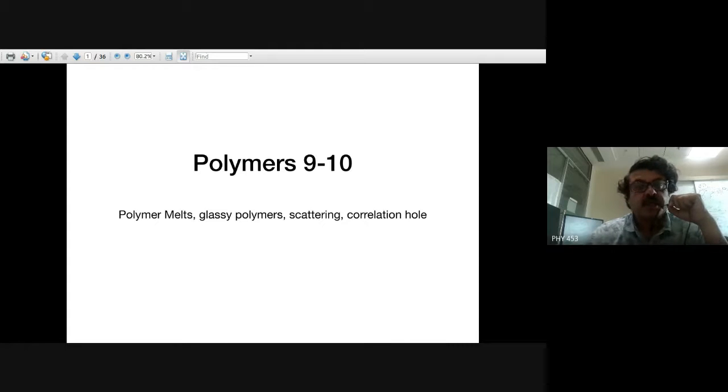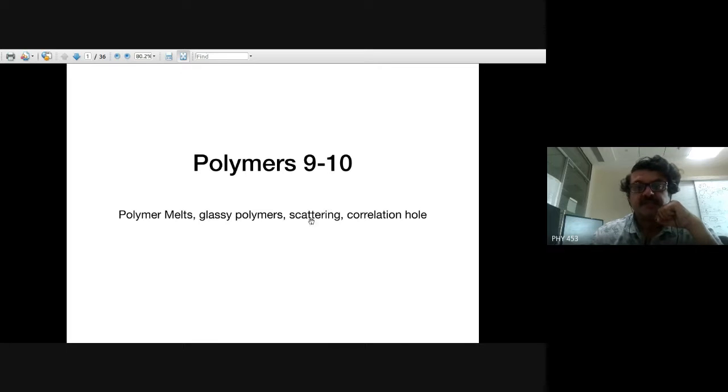Another important idea which I need to introduce to even understand glassy behavior is the phenomenon of scattering. How do we figure out what is the microscopic state of the system, right? So to discuss glassy behavior, we have to discuss something called S of Q, t, which talks a bit about the dynamics of the polymers.